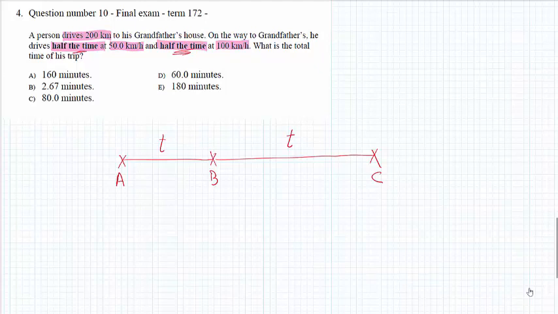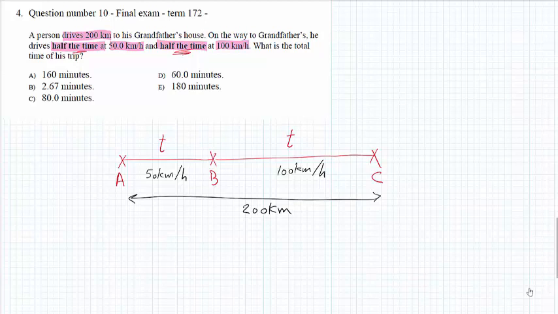During the first one, the speed is 50 kilometers per hour. During the second part, the speed is 100 kilometers per hour. The total distance traveled from A to C is 200 kilometers.